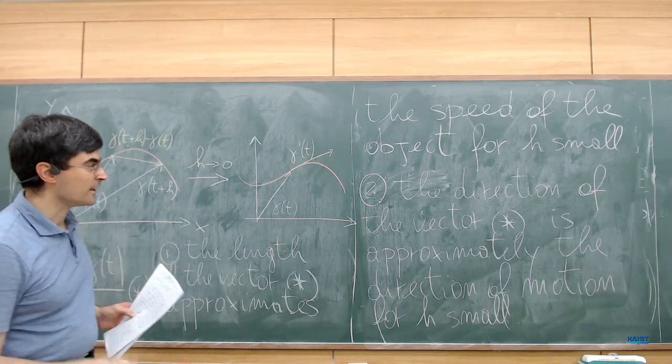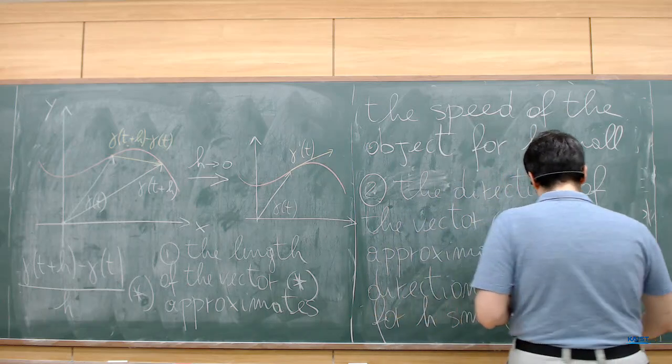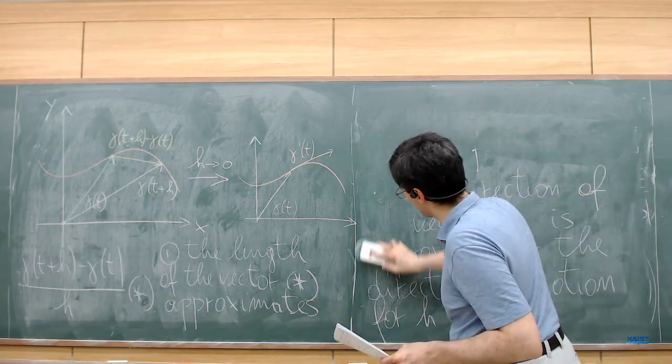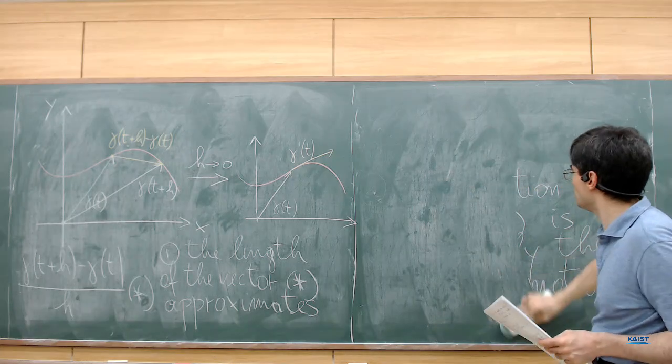This vector has two properties. Can you guess what these two properties are?